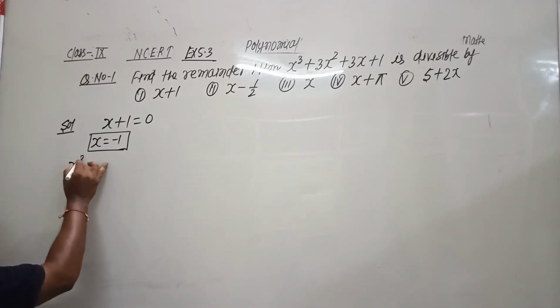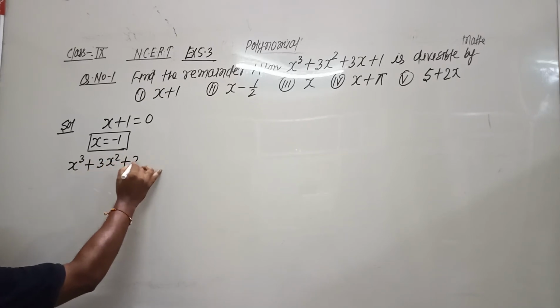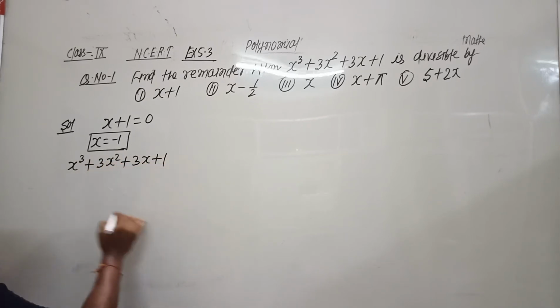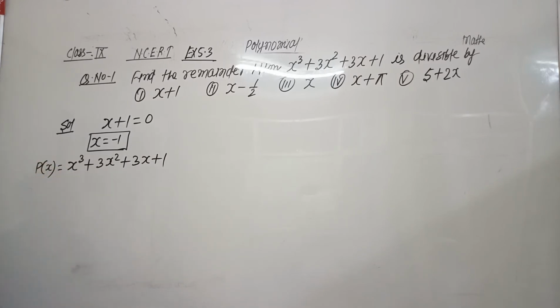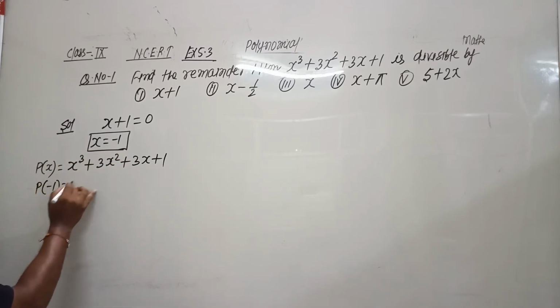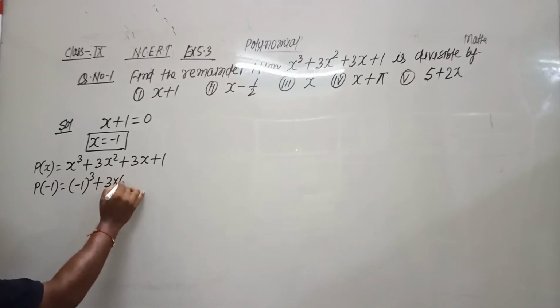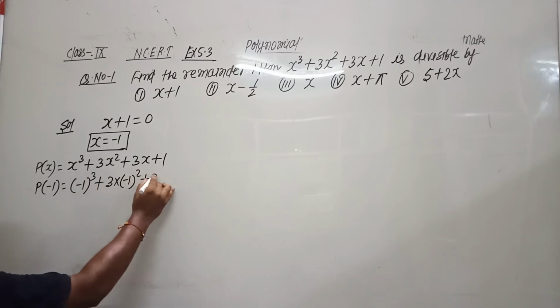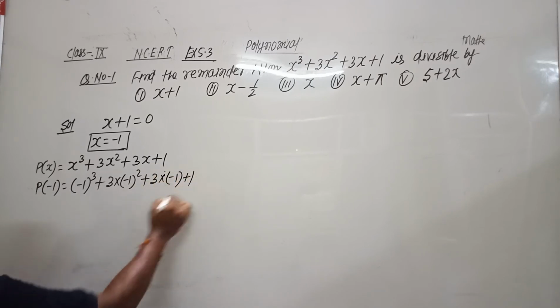The expression is x cube plus 3x square plus 3x plus 1. This is p(x). Now put x equals minus 1. So p of minus 1 is minus 1 the whole cube plus 3 into minus 1 the whole square plus 3 into minus 1 plus 1.